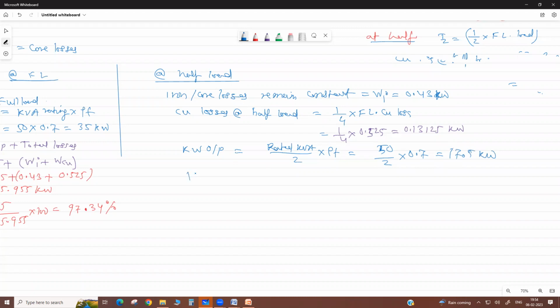Now the input power at half load. So my dear, very simple: output plus iron loss and copper loss at half load. Please remember, always we write the load condition along with copper loss.